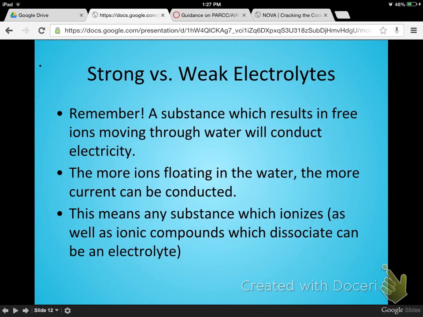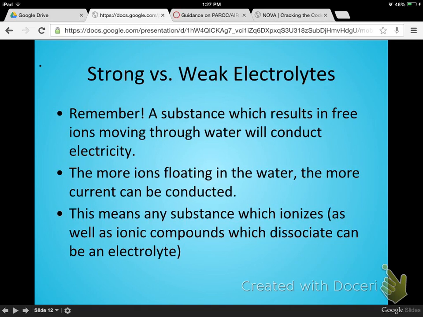Okay, so here's the cool thing, and this also explains something that we saw in a lab way back in Chapter 6. Electrolytes. An electrolyte is something that when you put it in aqueous solution, it conducts electricity. We sort of virtually tested electrolytes using a little 9-volt battery and an LED, and, hey, does this work?